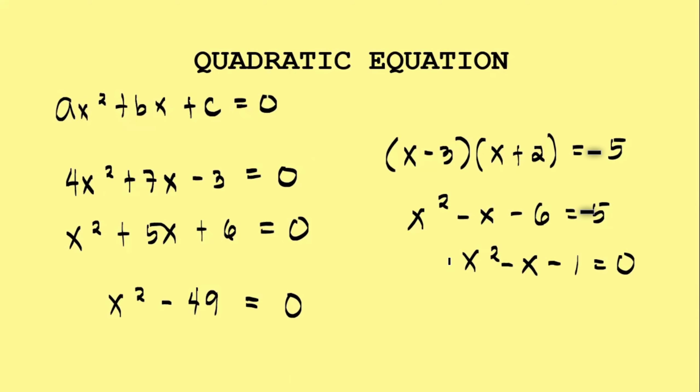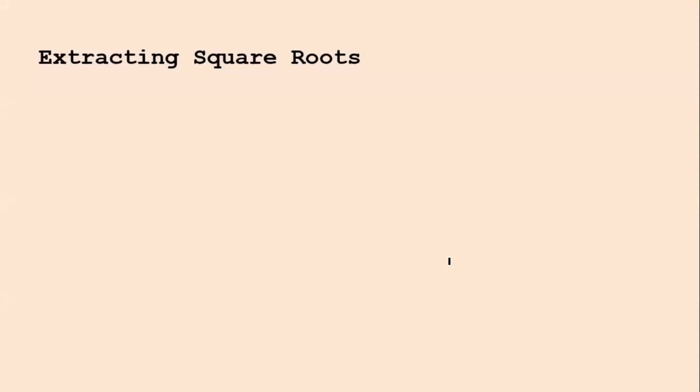So now, how can we solve a quadratic equation by extracting square roots? Extracting square roots means that you need to get the square root of both sides to get the value of x. For example, x squared minus 36 is equal to 0. Again, value lang ni x yung kailangan natin.